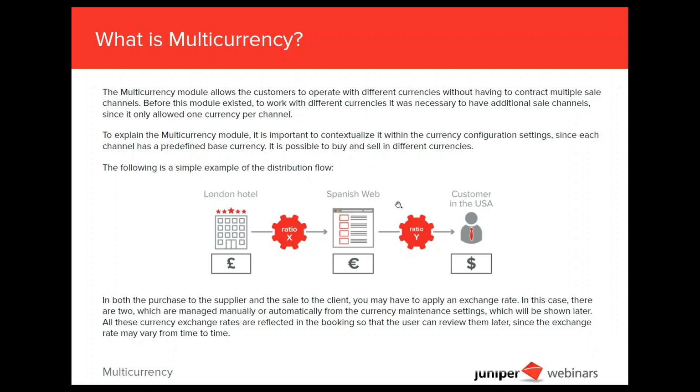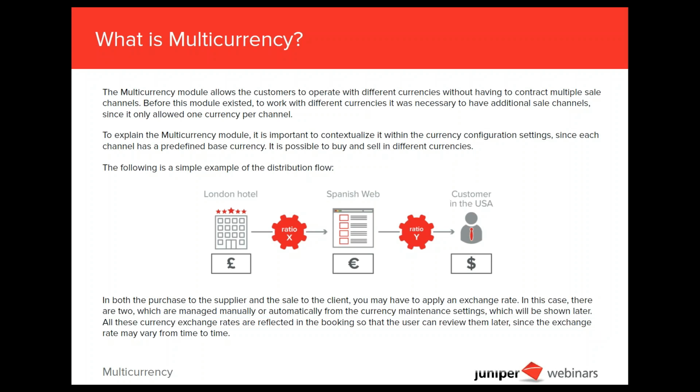So in both the purchase from the supplier and the sale to the client, you may have to apply an exchange rate. In this case, there are two, which are managed manually or automatically from the currency maintenance settings, which we will show later on in the demonstration.